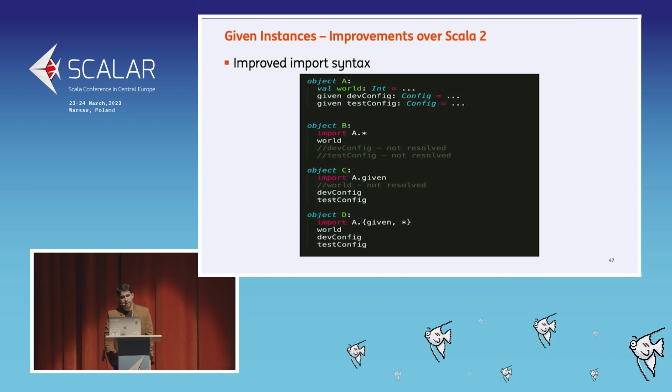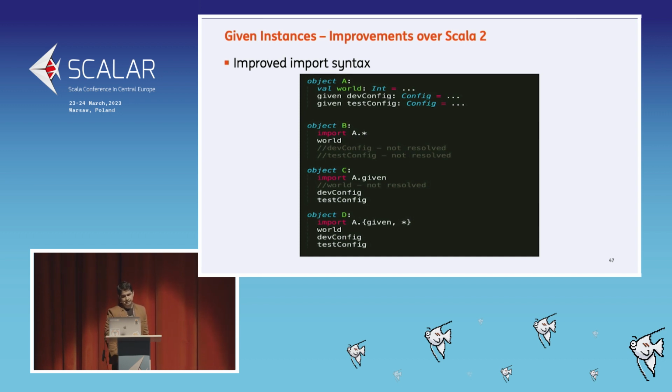So you can no longer hide your implicits behind a wildcard import, which is really helpful, because a wildcard import will bring a lot of things, and implicits are something that you really want to be sure about when bringing into scope. So the wildcard import will only bring the other properties but not the givens.